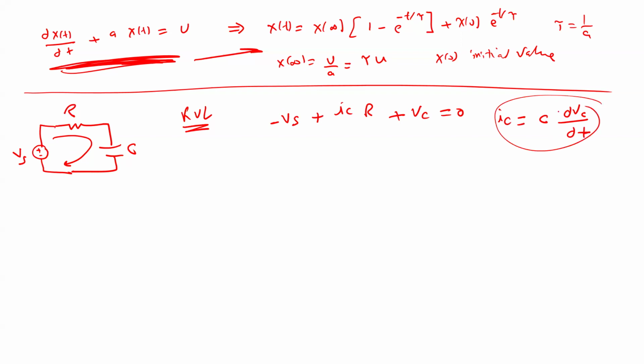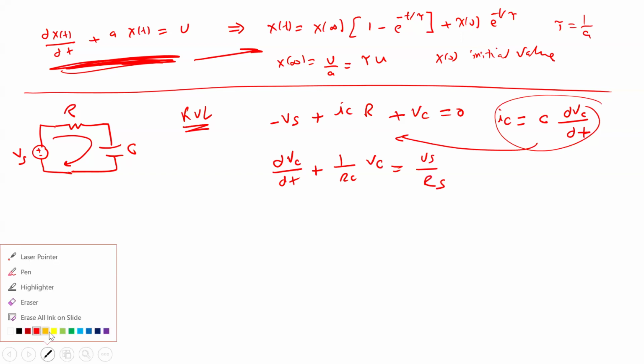If I plug this in, I can find dVc by dt plus 1 over RC Vc should equal Vs divided by RC.